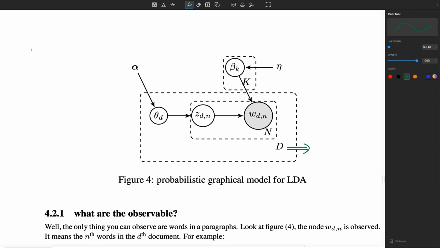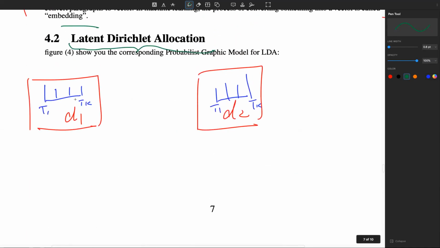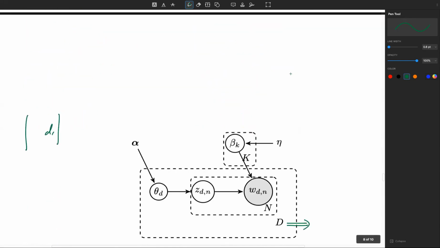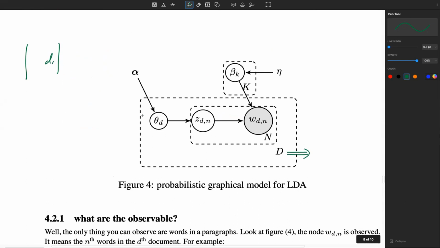So I have this document, just like what I have here. This will be theta 1, this will be theta 2. Every single document has its own topic distribution. They're all going to be different. And this is the hyperparameter for it.